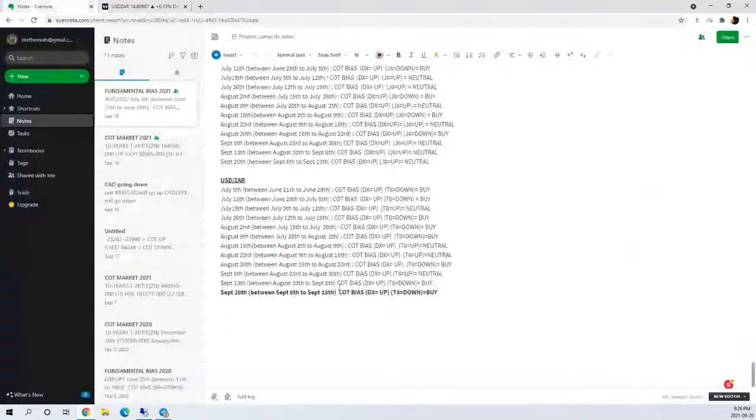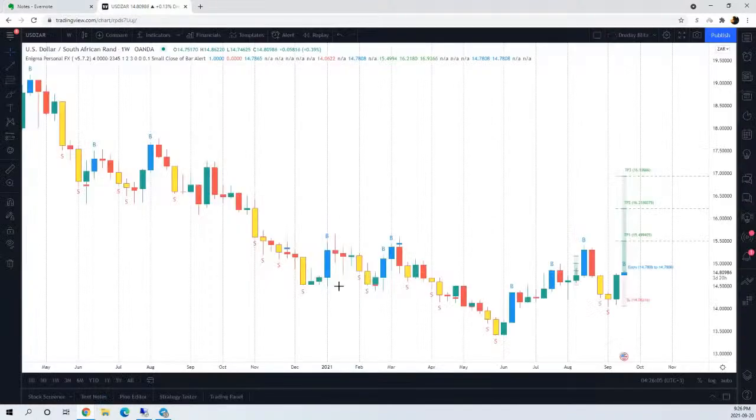Okay, like I said here for USDZAR, we're just going to look at the USDZAR to end the webinar today. We're looking for a buy, right? So always look at the weekly when you do your technical analysis after your fundamental. You look exactly where you are in the market. You see, it was bearish, and then it went up, went down.